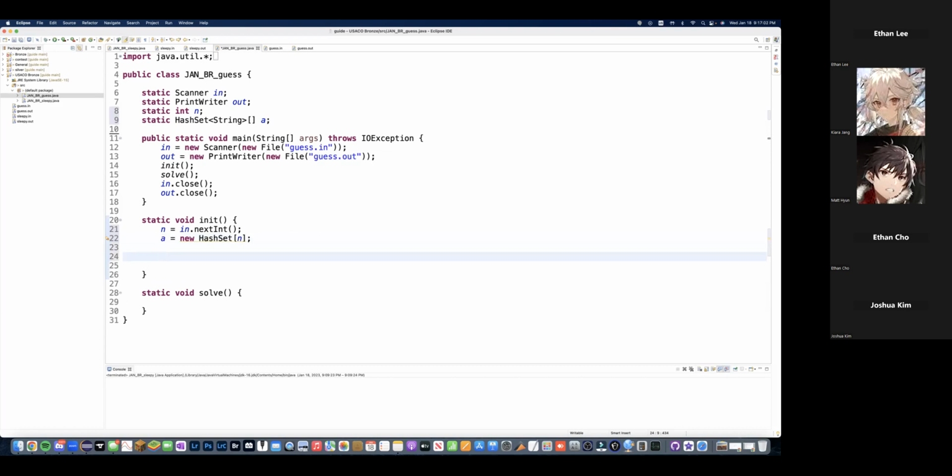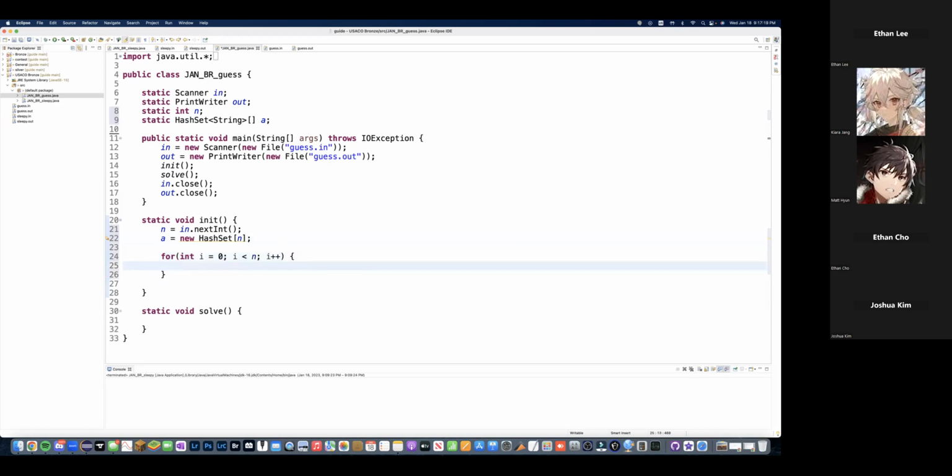So what we're gonna do is individually initialize each and every hash set within the array, with a for loop: int i equals 0, i is less than n, i plus plus. So a[i] is equal to new hash set.